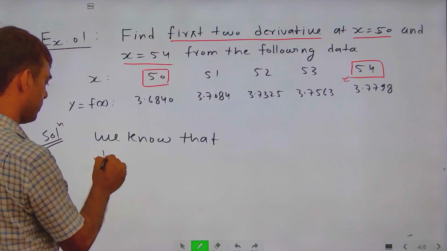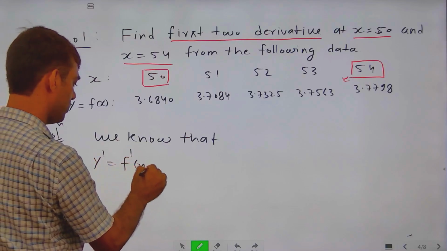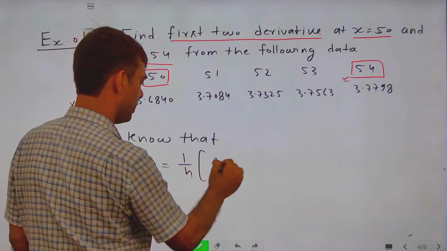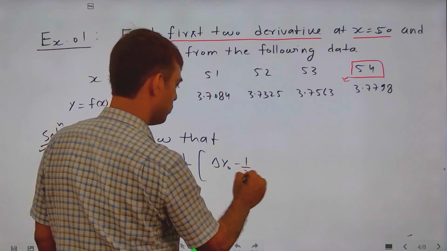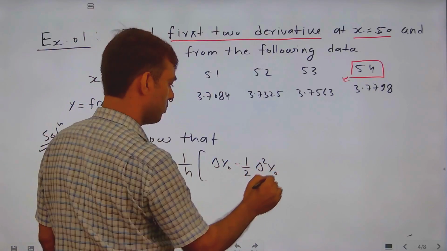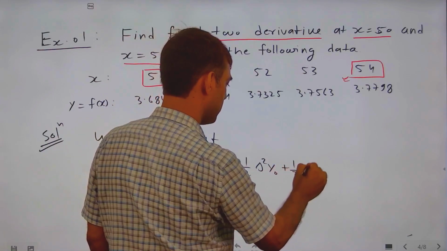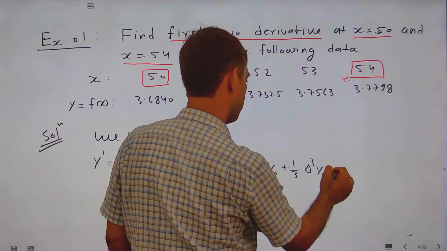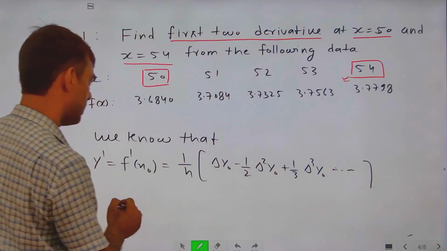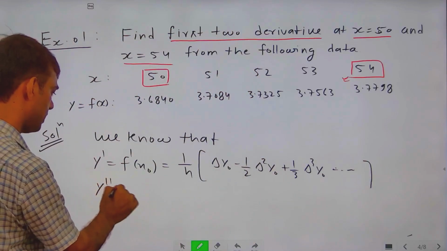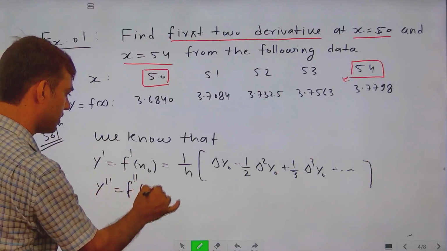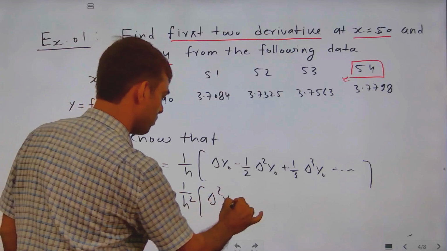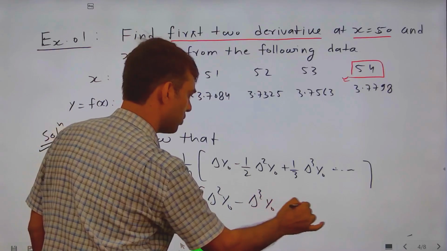y dash, that is f dash x0, equals 1 upon h times del y0 minus 1 by 2 del 2 y0 plus 1 by 3 del 3 y0 and so on, and y double dash at x equal x0, f double dash x0, equals 1 upon h square times del 2 y0 minus del 3 y0 and so on.